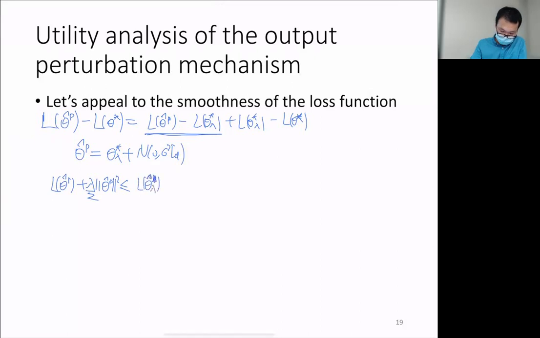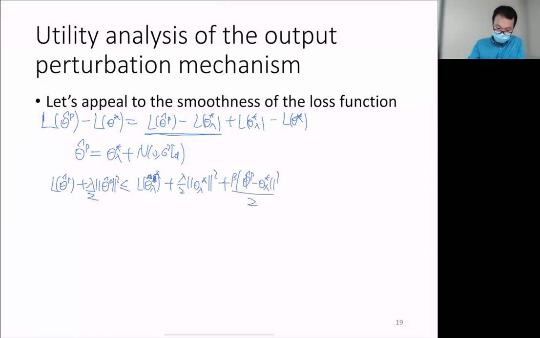This is L lambda of theta star lambda plus the gradient term plus half times the squared norm of theta hat P minus theta star lambda, and again the middle term is 0 because the gradient of this function is 0. So all that remains is theta hat P minus theta star lambda, with half beta.